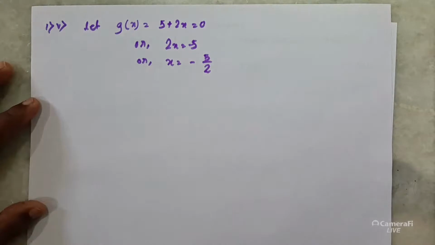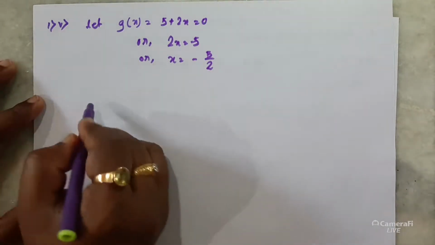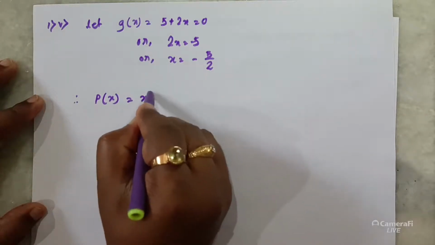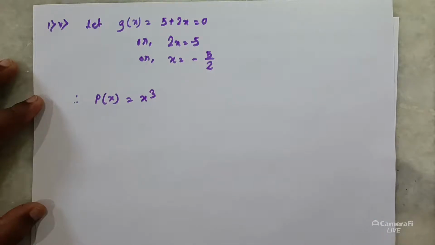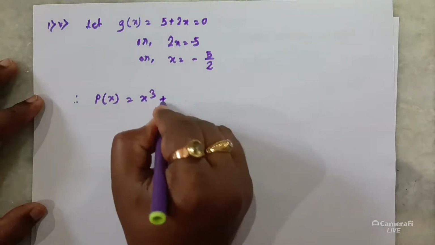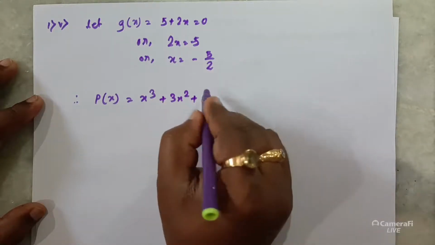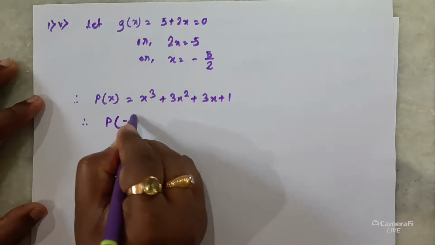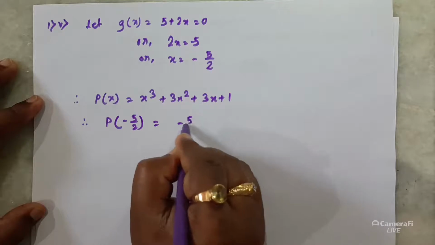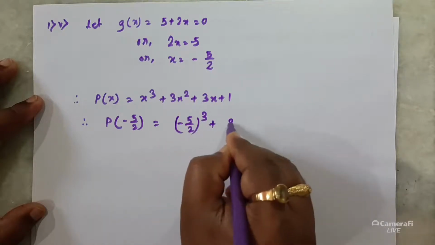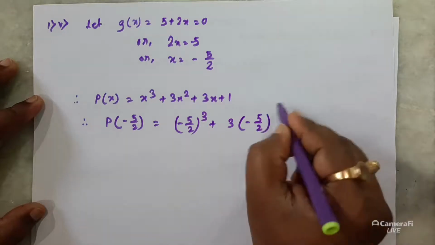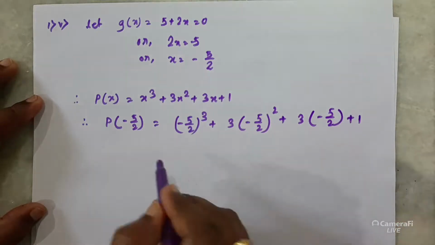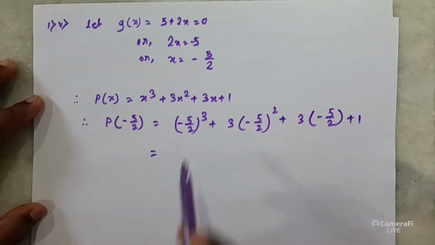Okay. So P of x equals x cube plus 3x square plus 3x plus 1. Therefore P of minus 5 by 2 equals minus 5 by 2 whole cube plus 3 into minus 5 by 2 whole square plus 3 into minus 5 by 2 plus 1.